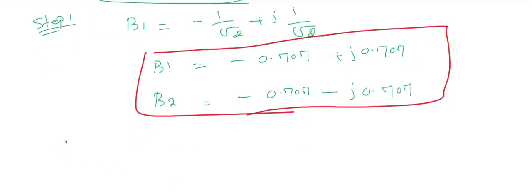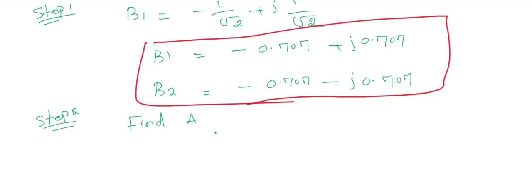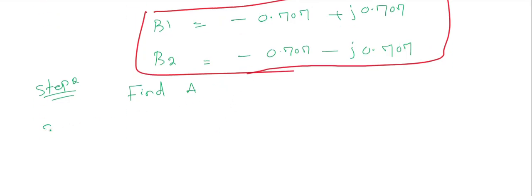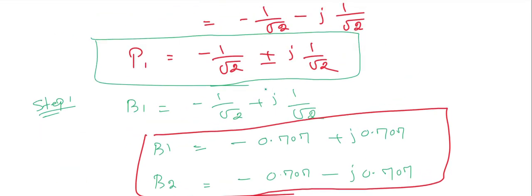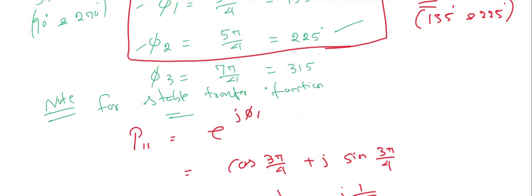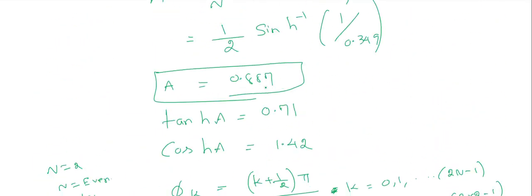Then step 2: find A. Already we found A. Step 3: find tan HA and cos HA. Already we found all the values. What is the A value? 0.89.